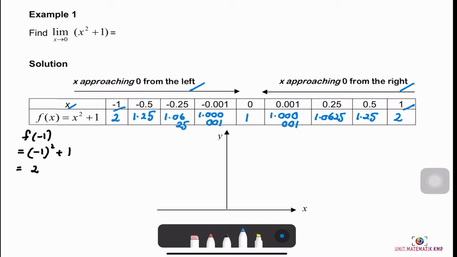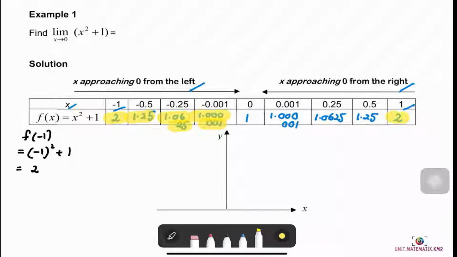Okay. So what happened here, you see these values. We have 2, 1.25, 1.0625, 1.000001, these values on the left. And we see the values from the right.